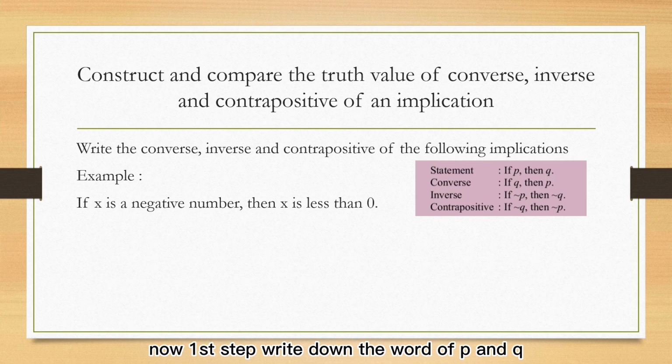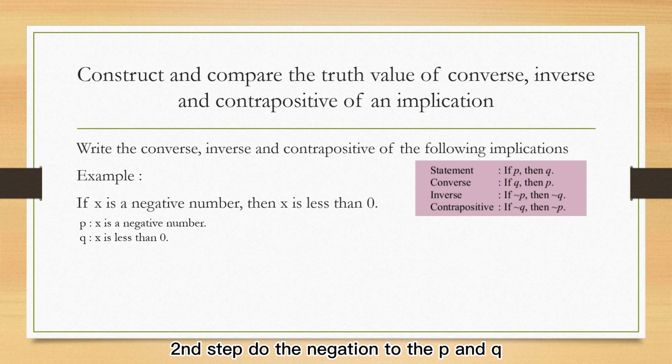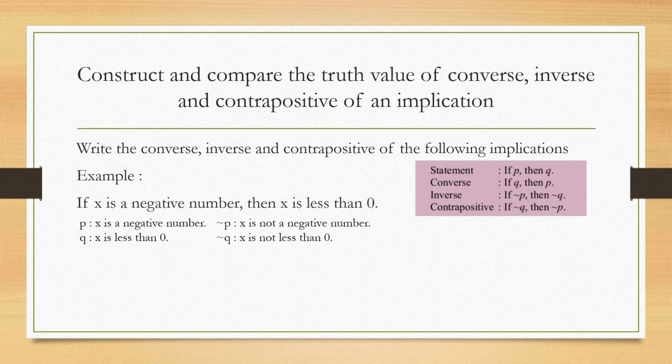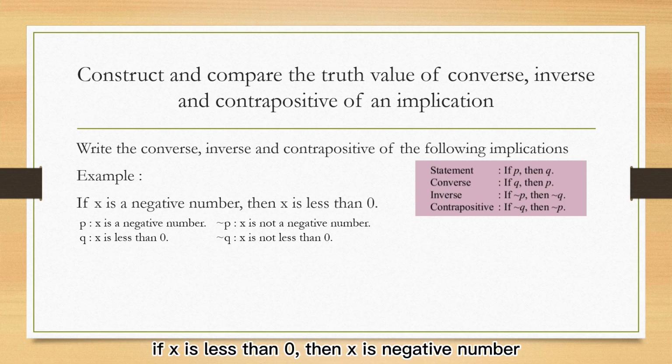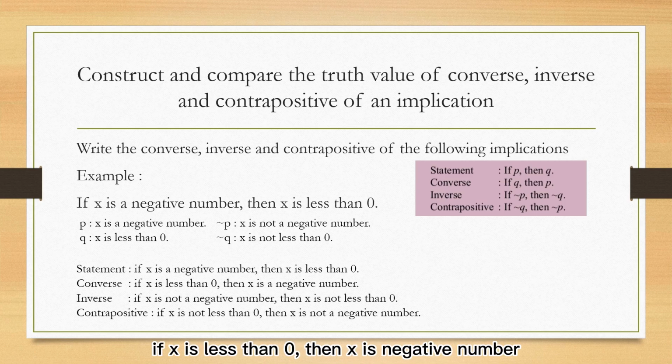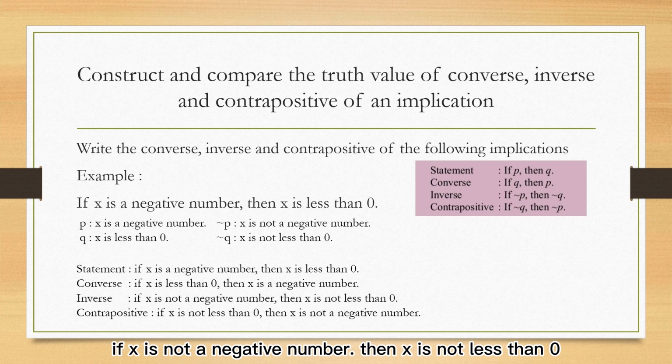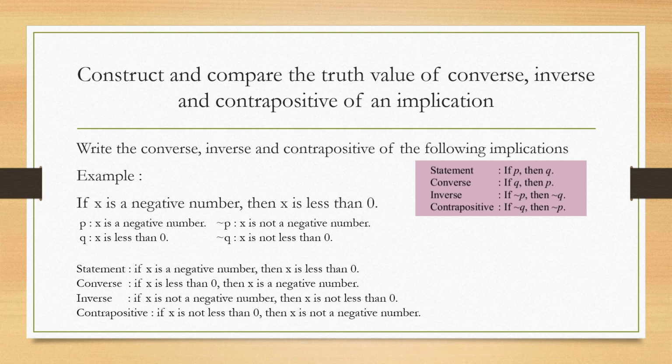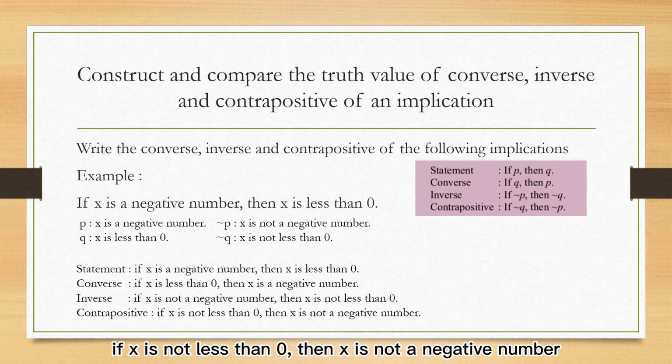First step, write down the words of P and Q. Second step, do the negation of P and Q. Third step, write down the converse, which is if x is less than 0, then x is a negative number, and inverse, which is if x is not a negative number, then x is not less than 0. And the last one, contrapositive, which is if x is not less than 0, then x is not a negative number.